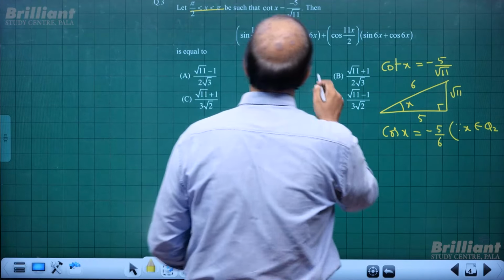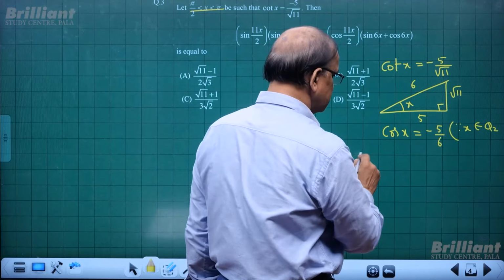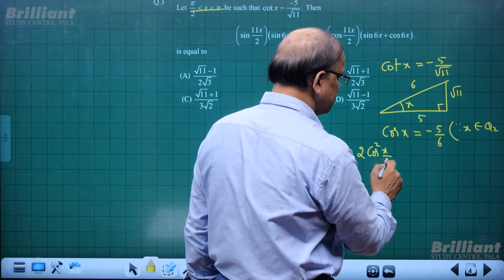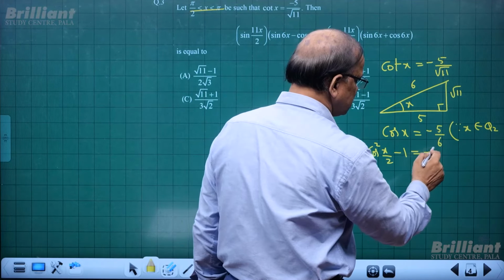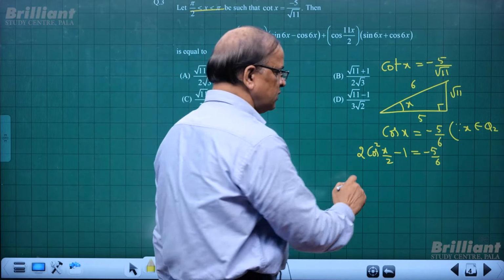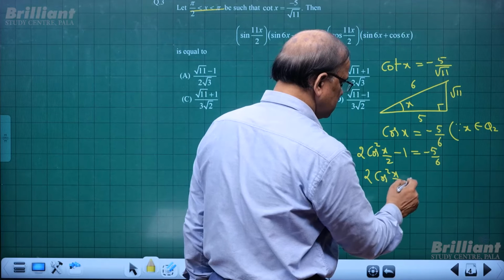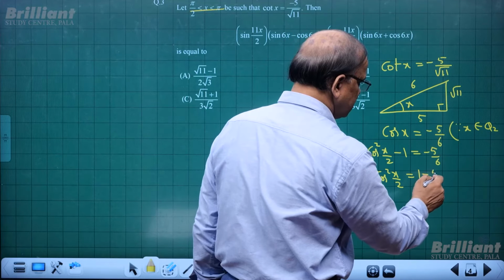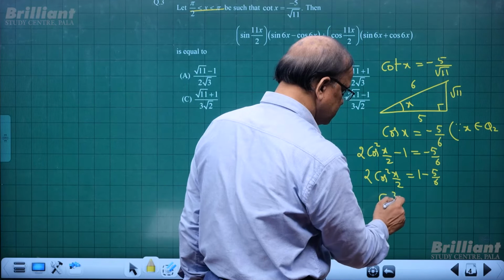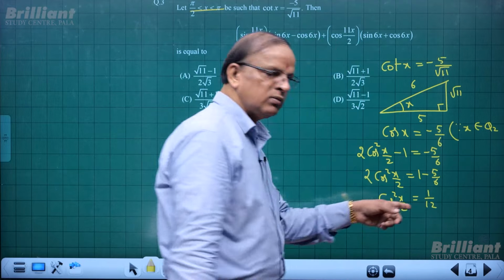So here I will write 2 cos square x by 2 minus 1 is equal to minus 5 by 6, right? So from here 2 cos square x by 2 is 1 minus 5 by 6, that is 1 by 6, so cos square x by 2 is 1 by 12.